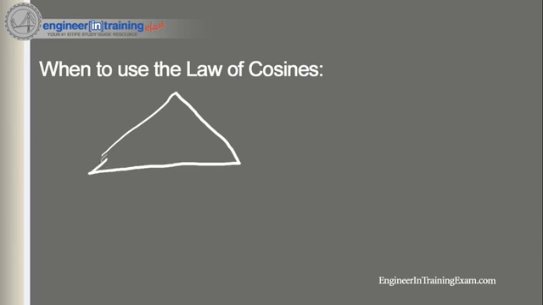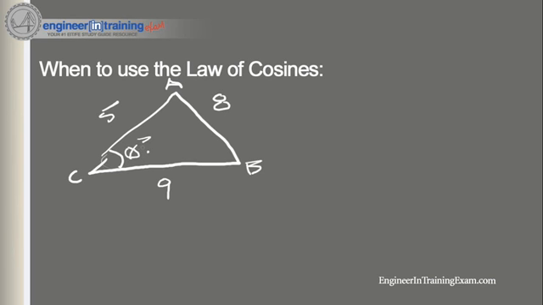Let's say we know all three sides. Let's say this side is 5, this side is 9, and this side is 8. We have an angle here, A, which is unknown, an angle here, B, which is unknown, and an angle here, C, which is unknown. So what we want to do is determine what, let's say, angle C is.